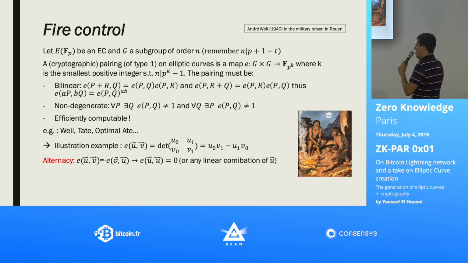A very important point is that the target group is F_p to the power k, with k the smallest positive integer such that the group order divides p to the k minus 1.